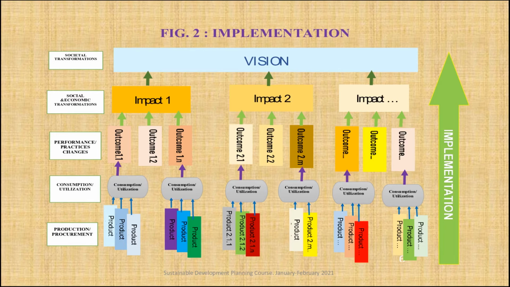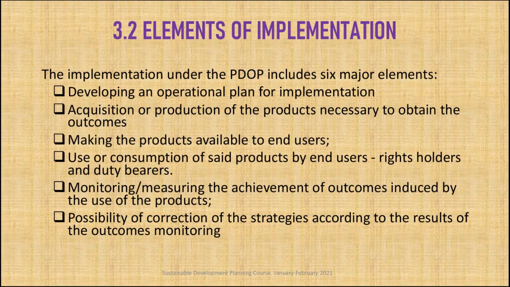A group of outcomes, by their combination, may bring out the impact, which is about the change in people's lives. And all the impacts together may lead to the vision, to that society that is envisioned by the country in the National Development Plan.